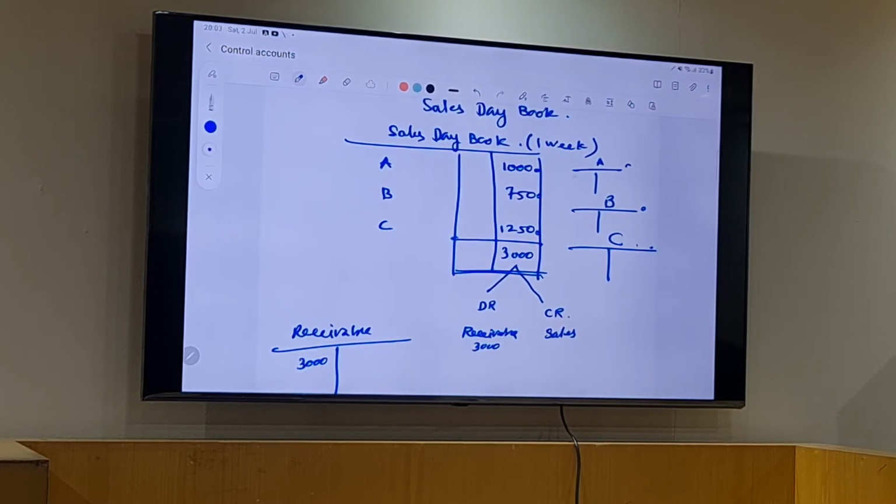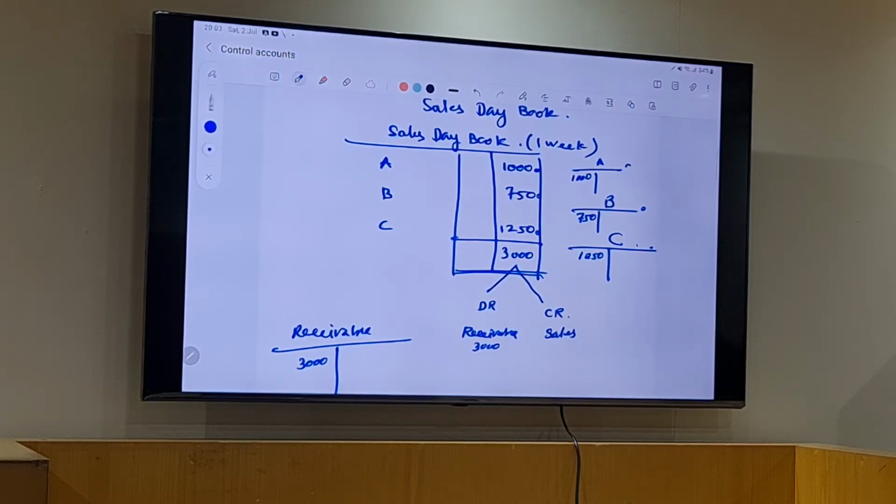Mr. A. So, I will debit 1000. 750, I have done a sale to Mr. B. So, I will record in Mr. B's folio. And then 1250, I have done the sale to Mr. C.